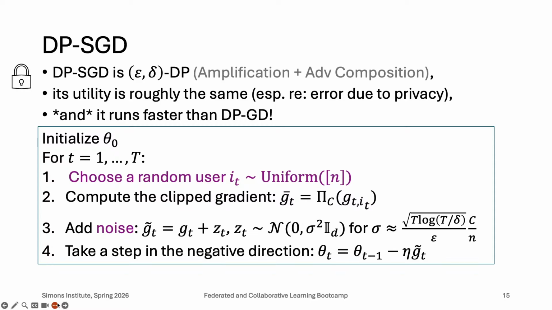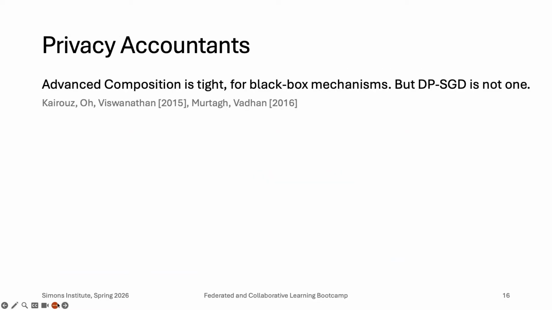Good. How can I make it even better? Well, the advanced composition result that Adam talked about is tight. But it's tight if you think about black box mechanisms. You have this epsilon delta mechanism, and you're composing black box epsilon delta mechanisms. The thing about DPSGD is we know exactly what the algorithm is. So maybe the thing you should do is track the privacy loss a bit better.